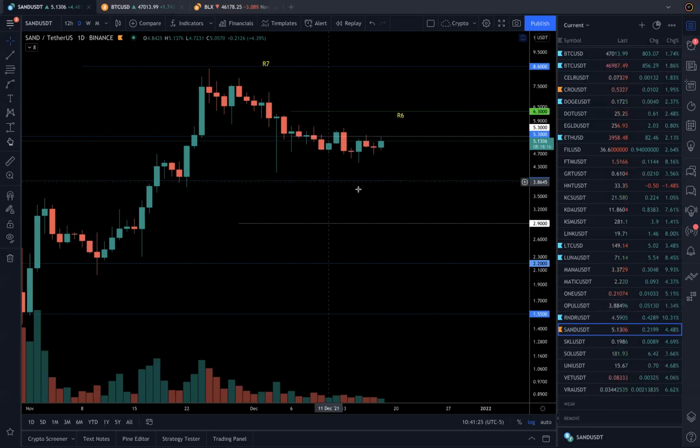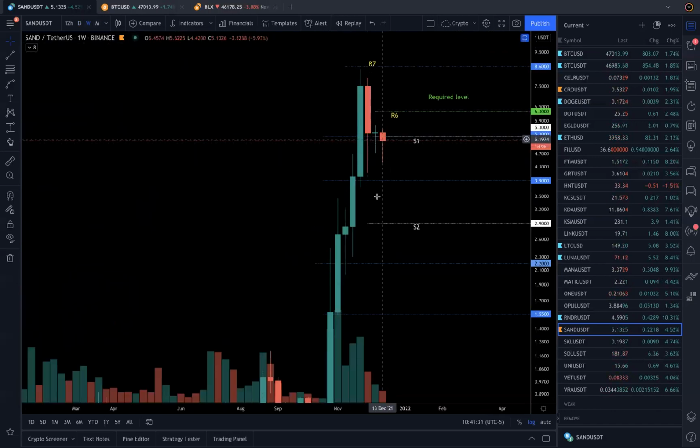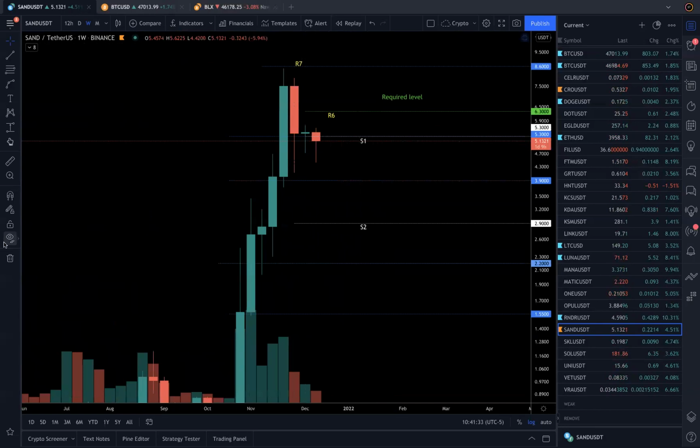Okay, Sand, similar behavior, trying hard, consolidating on daily, weekly. As you could see, this was a doji candle last week, and this is also not good, right? So it has to be somewhere here. Then you can say, okay, now let me start, and then this will give you the green light, correct?